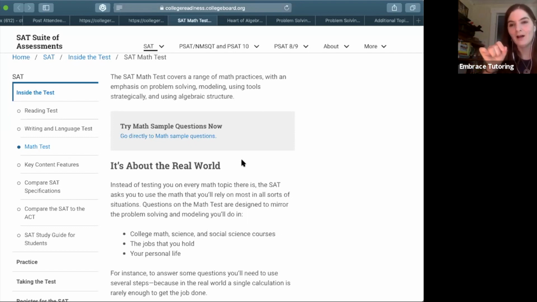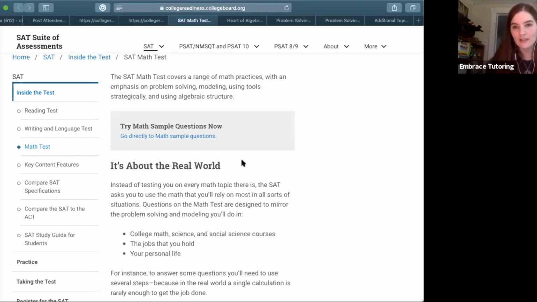You want to identify that information in a question so that you can break it down and identify, okay, this is the information that they've given me. This is what I actually need to take from that. And this is how I can solve it. And then just solve it, check your work, find your answer in the answer choices, and mark it on your answer sheet.